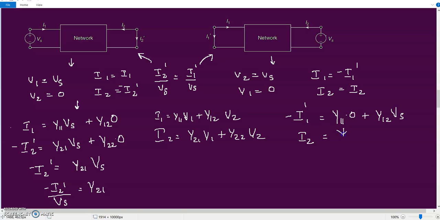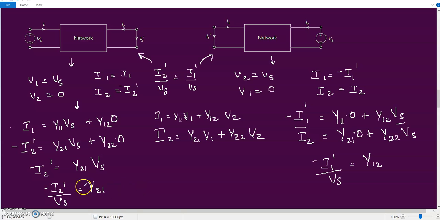I2 is equal to Y21 into V1, which is 0, plus Y22 into V2, which is Vs. So, from this, we can get an equation in I1 dash and Vs. That is, minus I1 dash by Vs is equal to Y12.